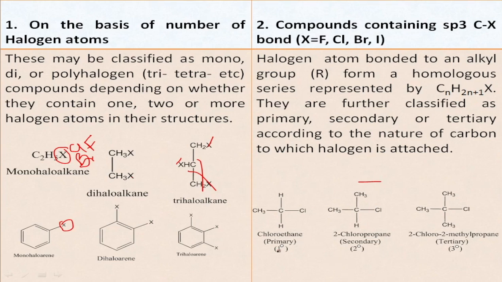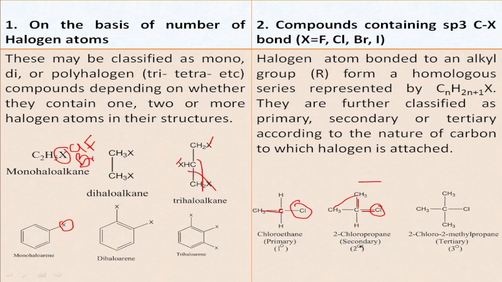Now, for example, in primary chloroethane the Cl atom is attached to a carbon that is attached to only one other carbon. So this is a primary chloroethane. In the second, the chlorine is attached to a carbon that is attached to two carbons, CH3 and CH3, so it is a secondary carbon, 2 degree.